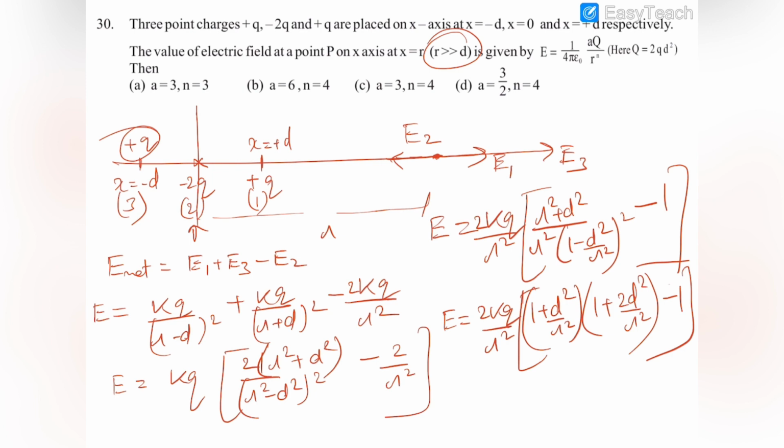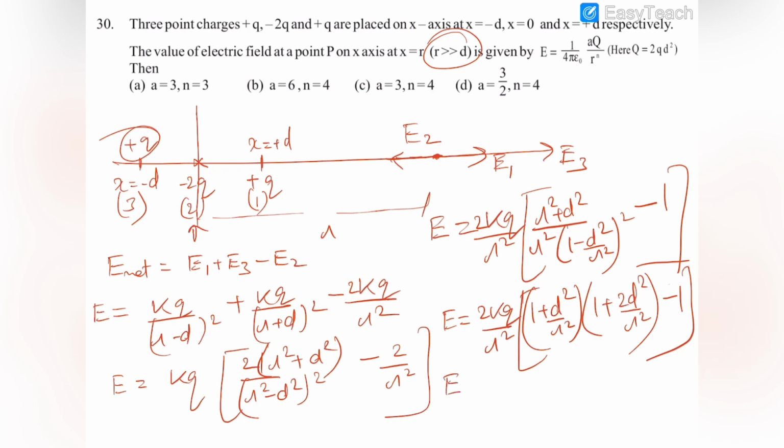So if I multiply 1 with 1, it would be cancelled out with this 1. And if I multiply 1 with this term and this 1 with this term, then it would be 3d square by r square. And if I multiply this term and this term, then it would be 2d to the power 4 by r to the power 4. So we know that d is very less than r, so we can neglect that multiplied term.